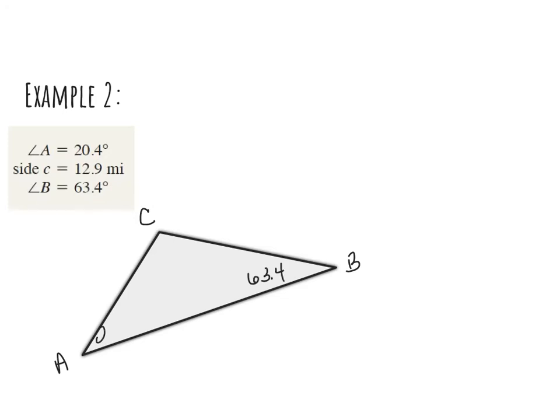Angle A would be 20.4. And again, we can subtract from 180 because we know every triangle adds up to 180, to find the missing angle for C. So the measure of angle C is 96.2 degrees.